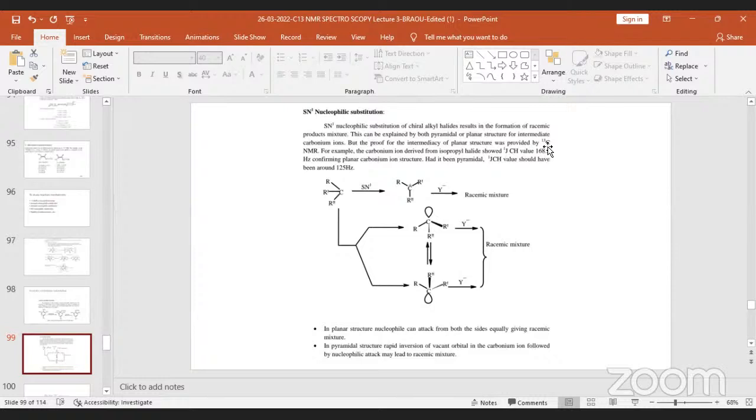But to understand whether the carbonium ion formed in the SN1 reaction is planar or pyramidal, we can observe and confirm it by C13 NMR.